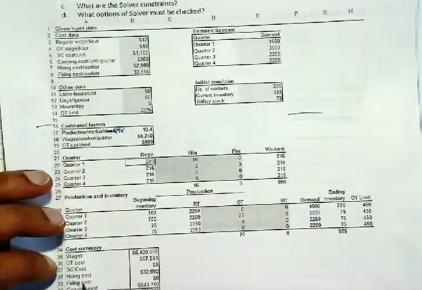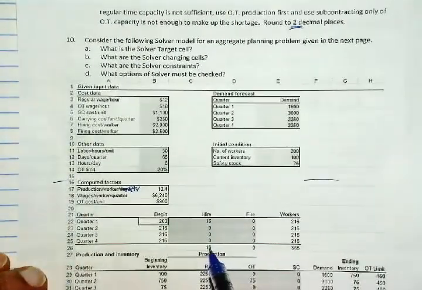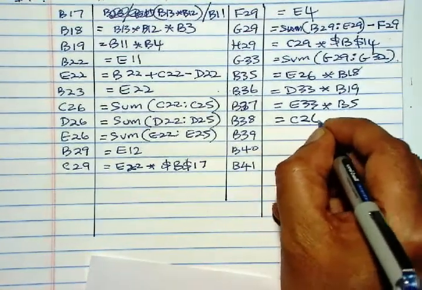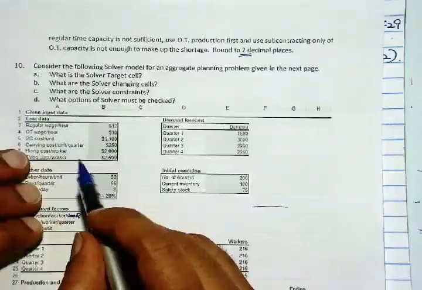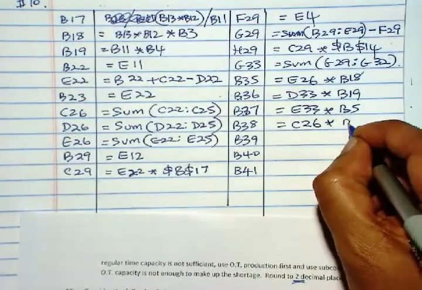B38 is next, which is hiring cost. So total workers hired is right here, cell C26, times hiring cost, given in cell B7, so that is B7.